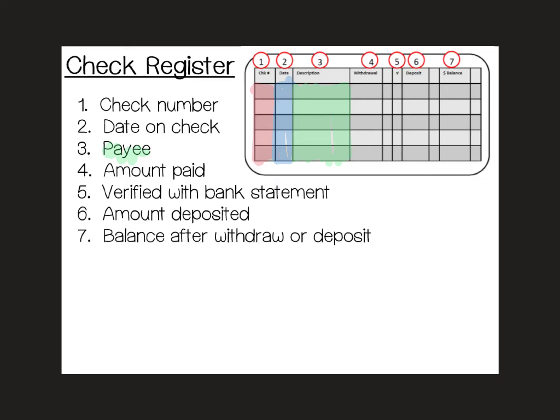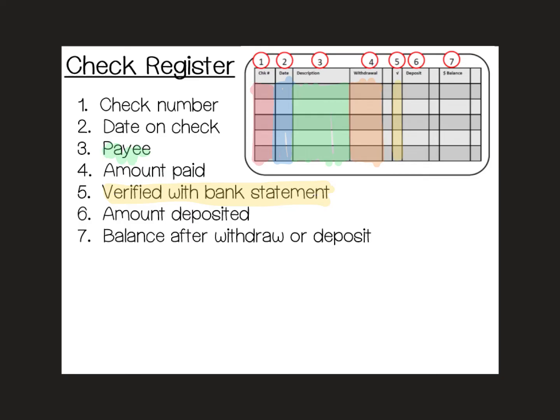Then number 4 would be the amount paid. There's a little check mark for you to verify it with your bank statement, and that would be done later after you get your bank statement at the end of the month, just to see if the check has been taken out yet or not.